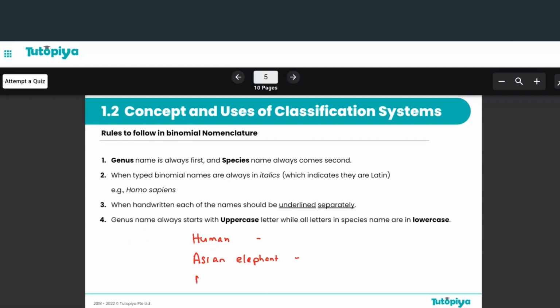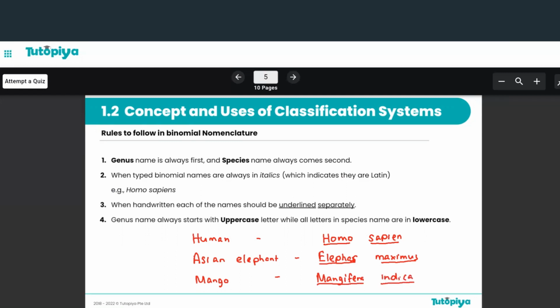I'm going to give you the scientific name of mango. So for human, the scientific name is Homo sapien. For the Asian elephant, the scientific name is Elephas maximus. And for mango, the scientific name is Mangifera indica.